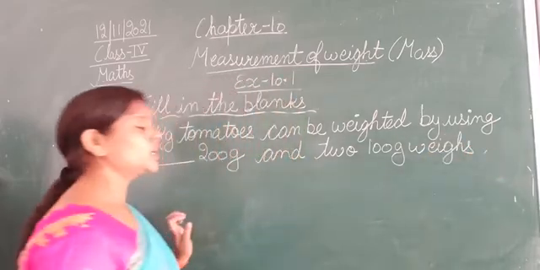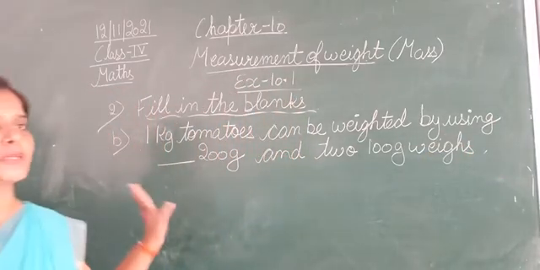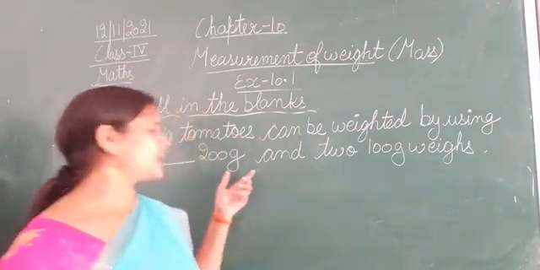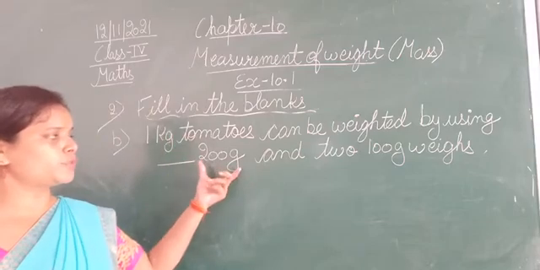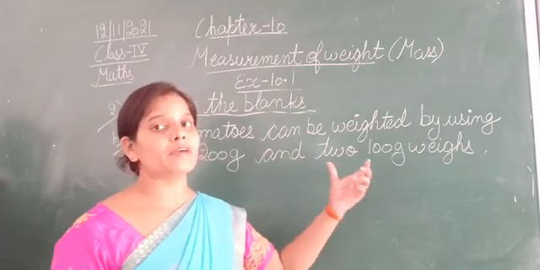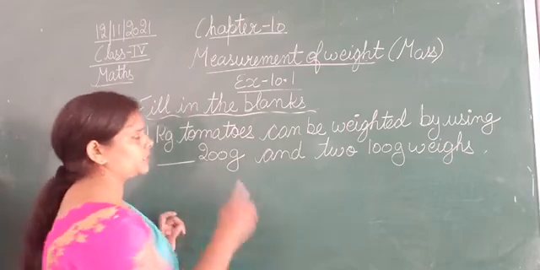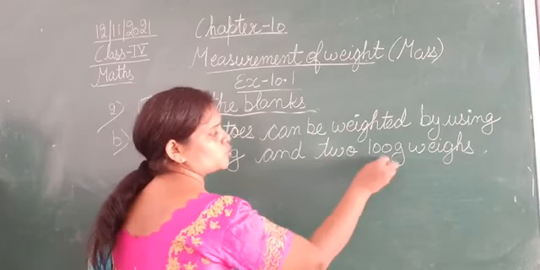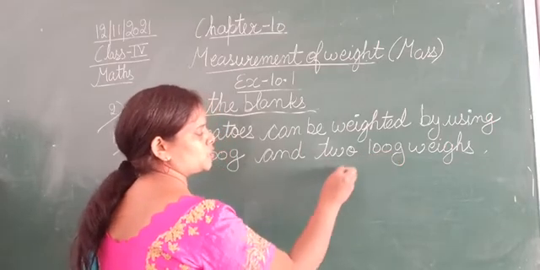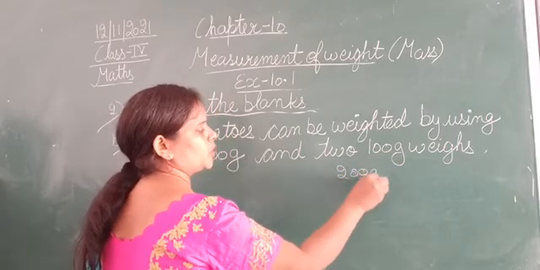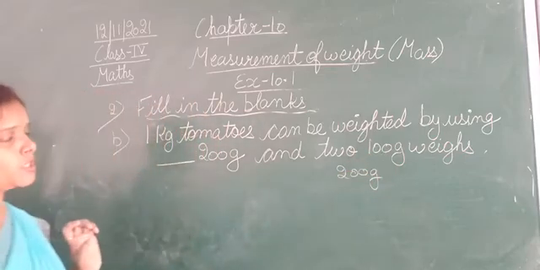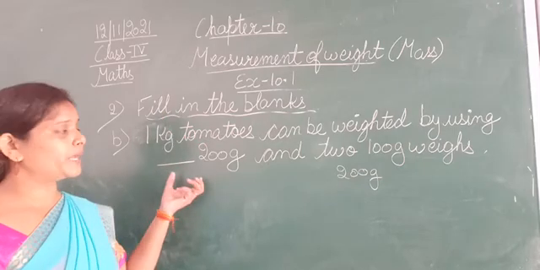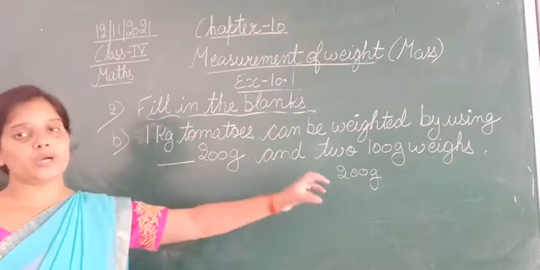Okay, now you need to measure 1 kg tomatoes. So 1 kg tomatoes, that means 1000 grams we need. तो उसके लिए you are having weights of 200 gram and 100 gram. For weighing this 1000 gram, one 200 gram weight is already given.